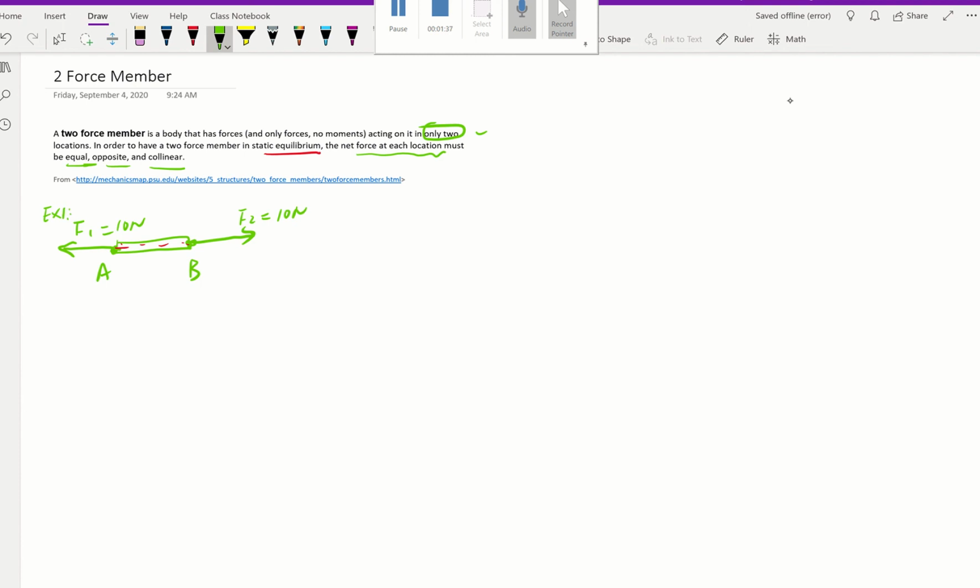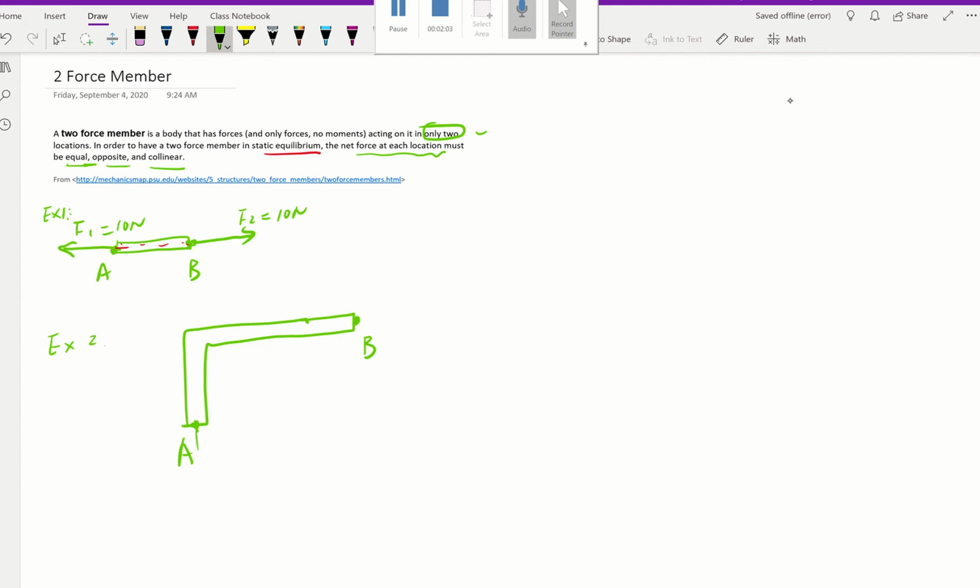Let's look at example 2. If I have a structural member that is L shaped, then one force is applied at A, another force is at B. What are these forces going to have to be?